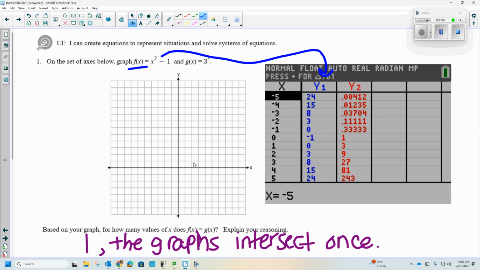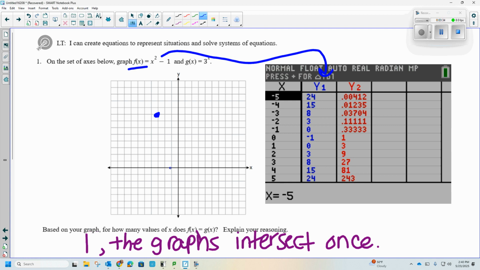So 24 is too high, 15. So I'm going to start with negative 3, 8. Remember that means we go left 3, up 8. Right about there. Sometimes this doesn't make the best points, but you always want to make them right on where the grid marks cross each other. Negative 1, 0 would be here. Oops, I skipped negative 2.